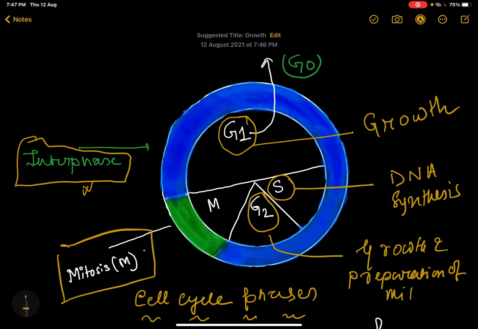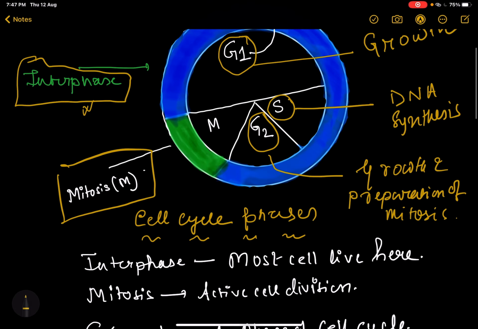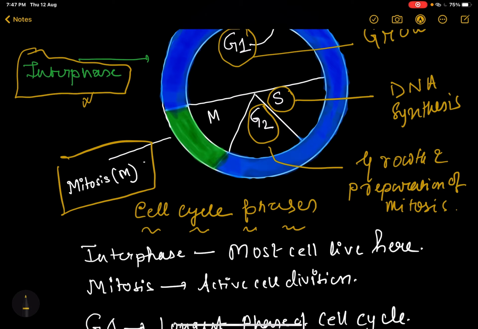If we see it in detail, most cells live in interphase, and in mitosis, this phase is active cell division.